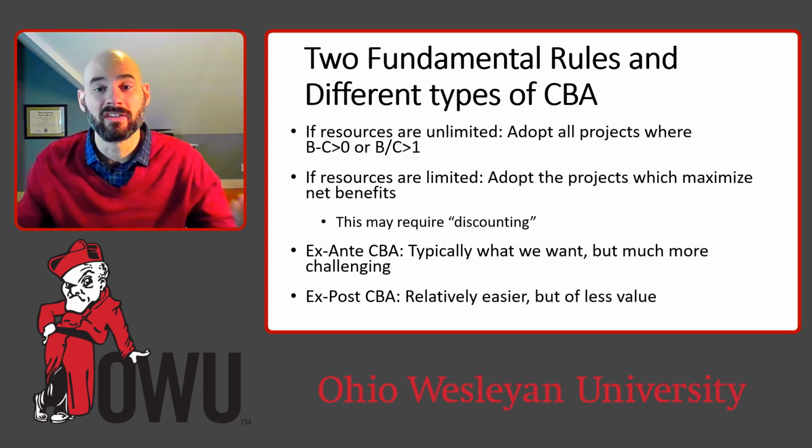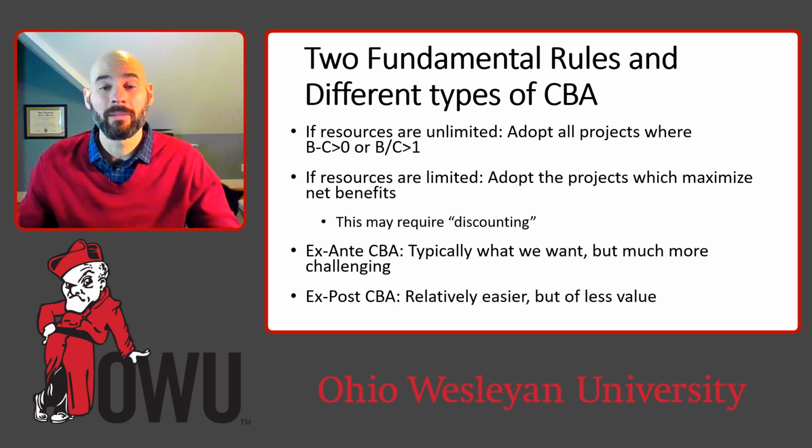then we should adopt a rule where all projects where the benefits are greater than the cost, and the difference between the benefits and the cost is greater than zero, should be adopted, and where the benefit cost ratio, benefits divided by costs, is greater than 1.